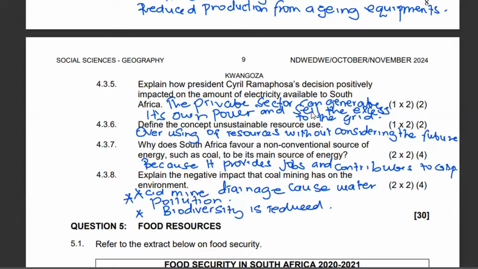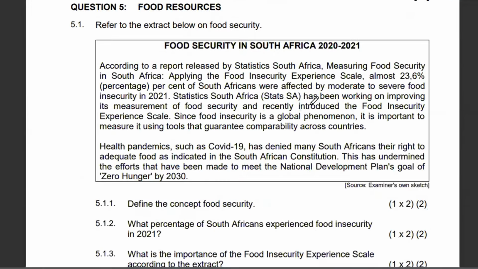Okay. Then we have the food resources. All right. There's an extract below on food security. Then it says define the concept food security.